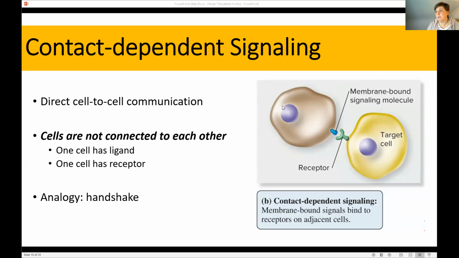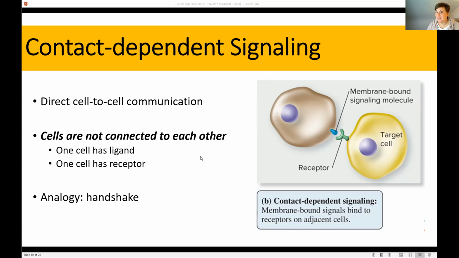So you have a protein expressed by this cell, you have a protein, a receptor expressed by the target cell, and these proteins touch each other. And what would happen is when that protein touches this receptor, this cell communicates in response. Again, these cells are not connected to each other, but they do have to touch each other for this to happen. Kind of like a handshake.